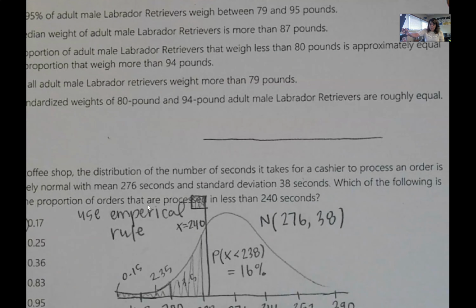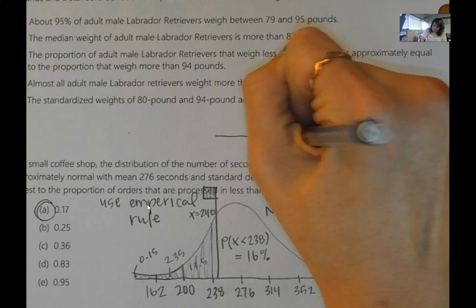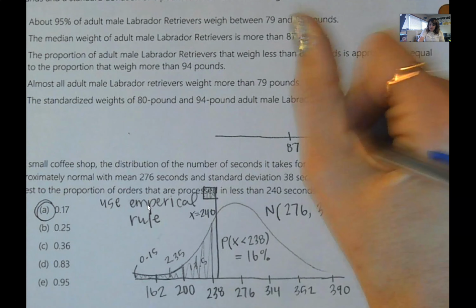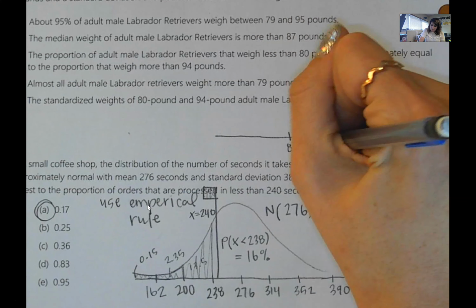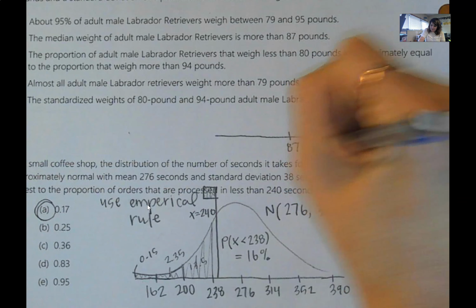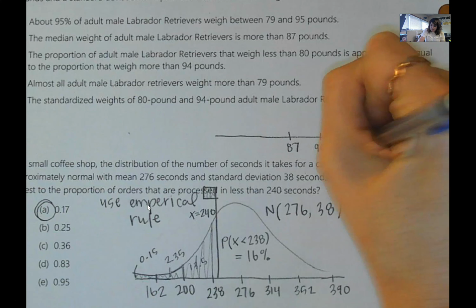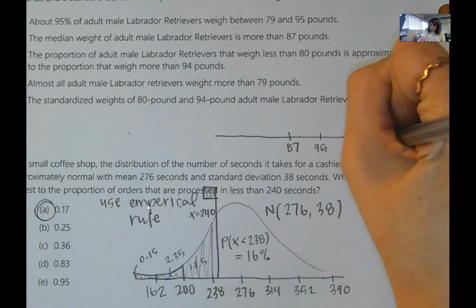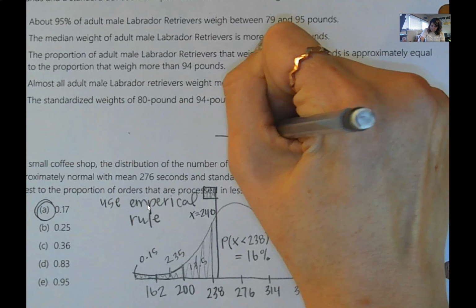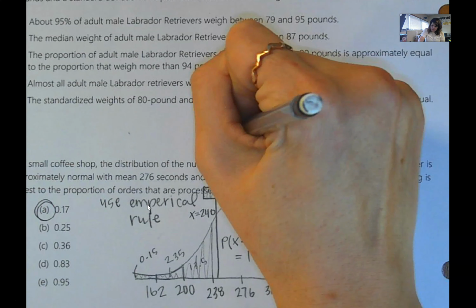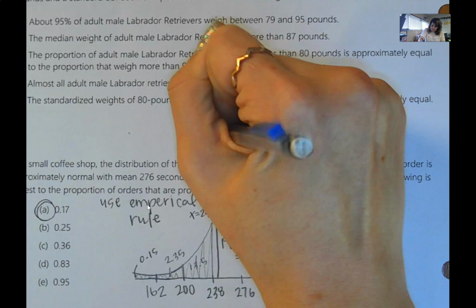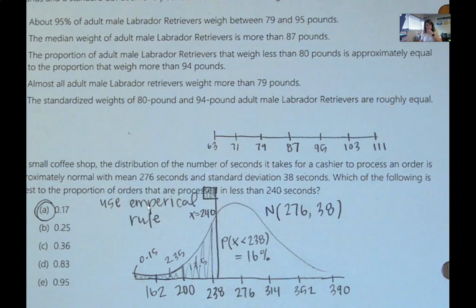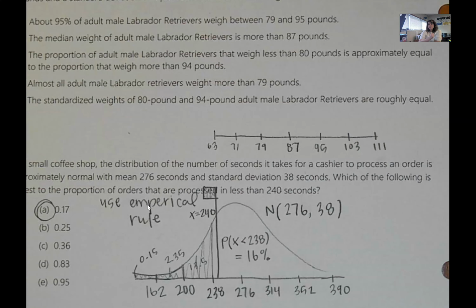And then I would put 87 in the middle and then start adding my standard deviation. So this would be 95, 103, 111. This would be 79, 71, 63. And I could be wrong on those because I added them in my head.